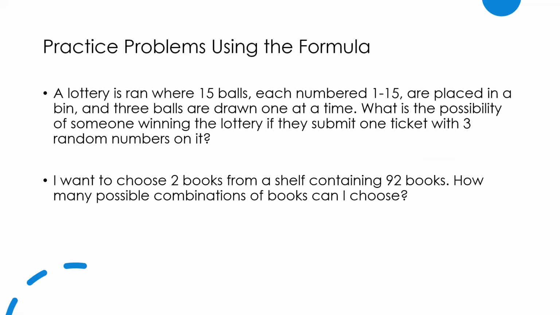And if you know your factorials, you'll know it is 15 times 14 times 13 times 12, and so on, over 12 times 11 times 10 times 9, and so on. Now, if you know this trick, you'll solve these a lot easier.